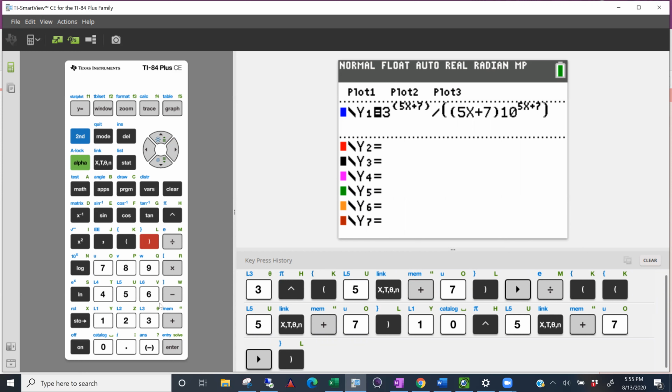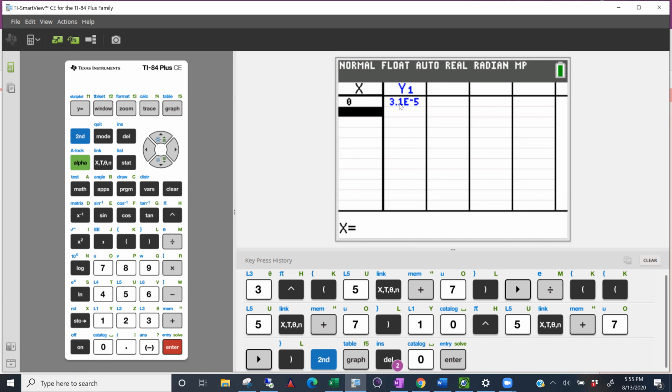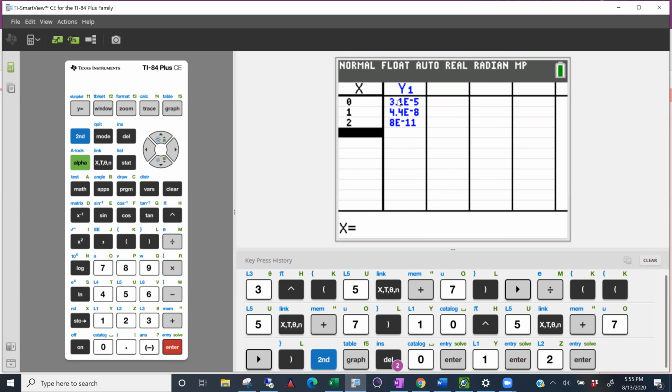Okay, looks pretty good. Now let's go to our table. So I'll hit second and then table. These values here, I'll clear them out. Let's just for giggles type in a 0 and a 1. Man, look at that. You're already getting 4 digits of accuracy at x equals 0, at x equals 1. Wow. So if you just use the first 2 terms, even the first 1 term, you're getting a really, really accurate polynomial.